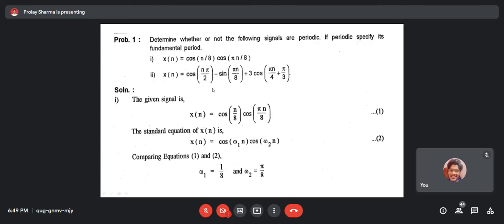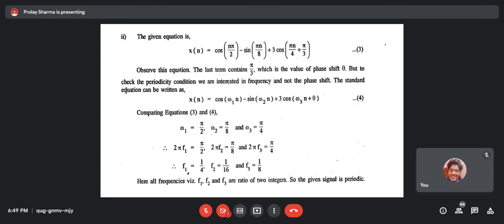Now the second example. If we look at this, it is composed of three signals. One is cos(nπ/2), second one is sin(πn/8), and third one is cos(πn/4), and there is an added phase difference.